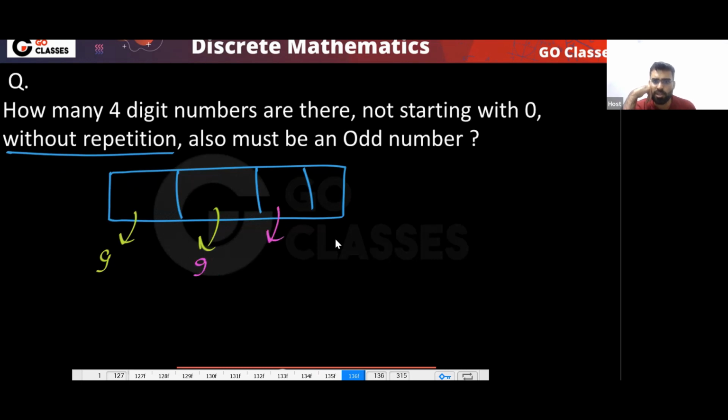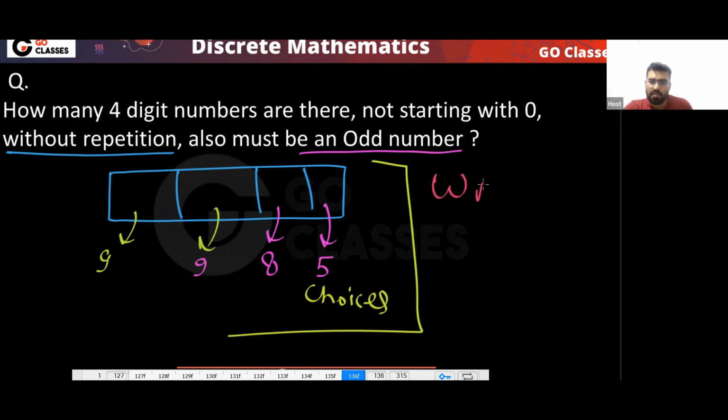For this position, how many choices? 8. For this position, 5, because this must be an odd number. So here we have only 5 choices. Is this answer correct? What is wrong here?